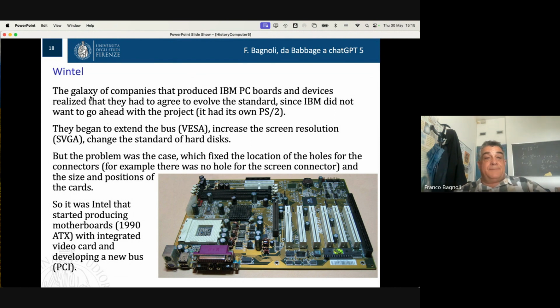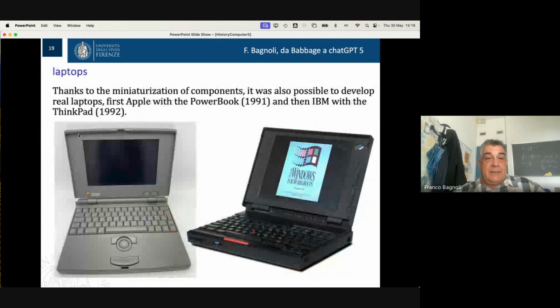So Intel began to take the role of designer of motherboards, and not only Intel, also others.